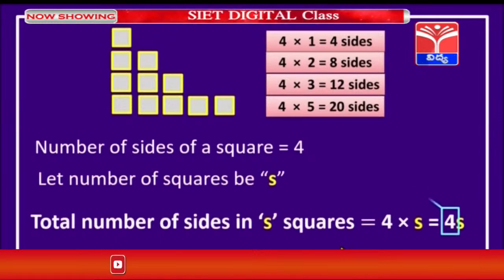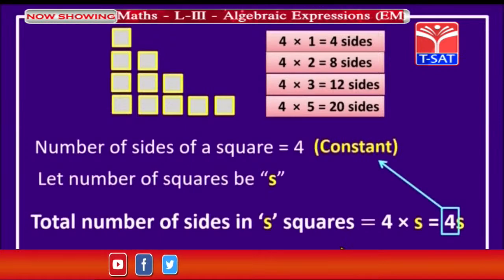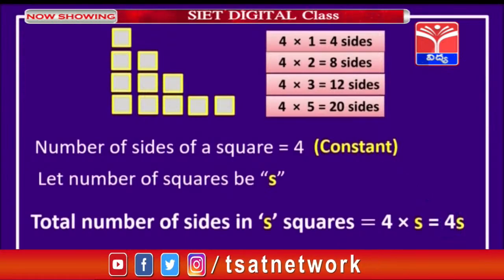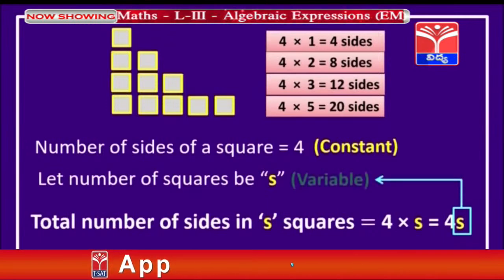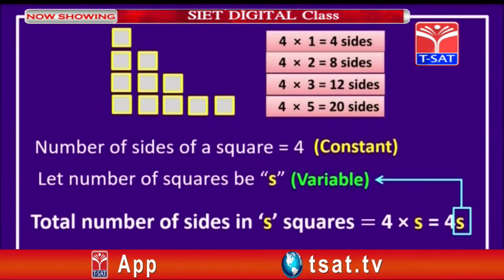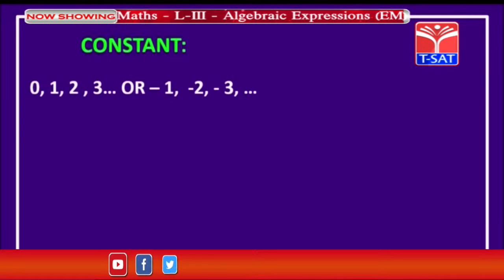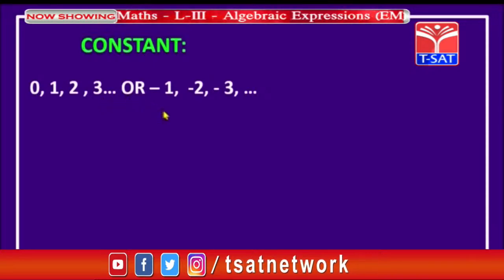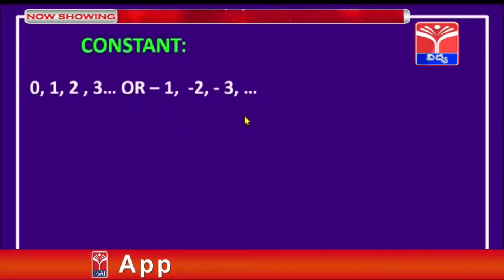Now in this 4s, this 4 is called a constant. Understood, children? Here 4 is a constant. Whereas if we consider s, it is called a variable. Now what is actually a constant and a variable? Let us see, children. A constant is a quantity whose value is fixed, like 0, 1, 2, 3 and so on, or maybe minus 1, minus 2, minus 3 and so on.